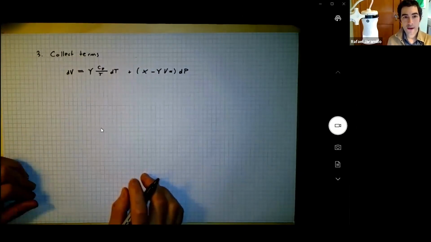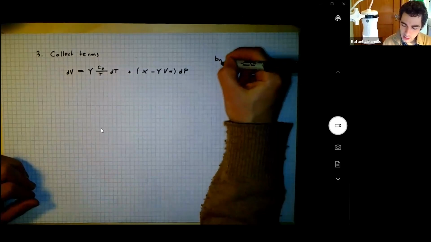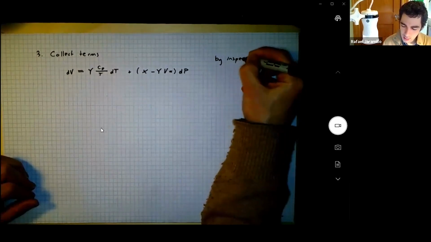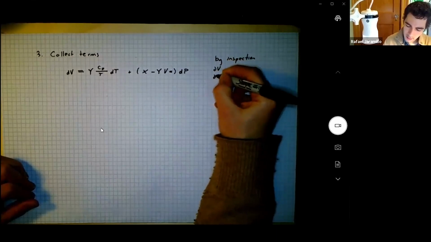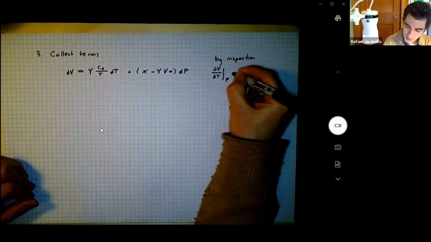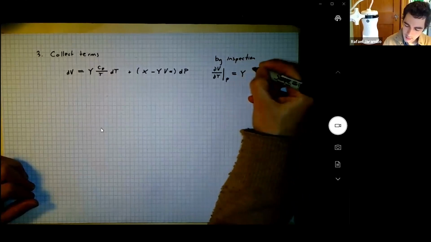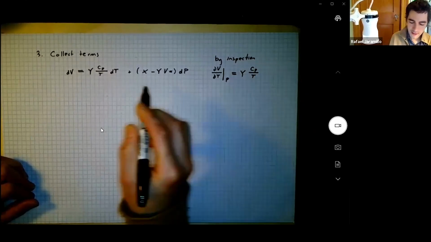Okay, I still don't have X and Y. I still don't know what they are. But I can say by inspection, dV/dT at fixed pressure equals y Cp over T, right? That's this coefficient.